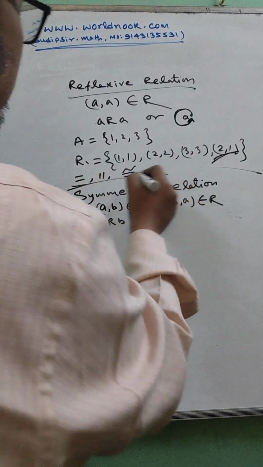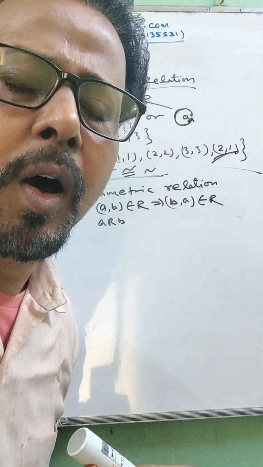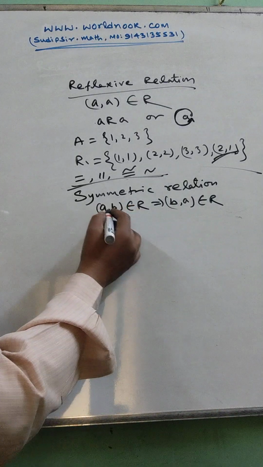These all are reflexive relations because A equal to A, or A parallel to A.